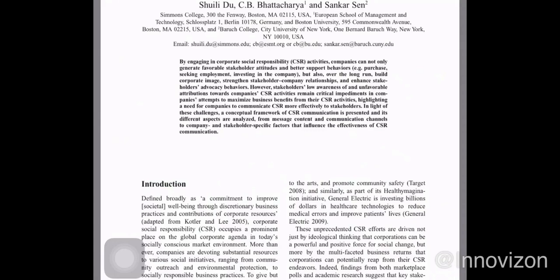Okay, to start with the introduction, just a reminder that you should not go on defining terms as if the reader does not understand what you're talking about, especially if what you're defining is very easy to grasp.